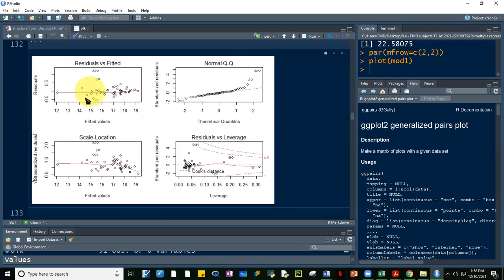So mukhang okay naman siya, no? Dapat walang pattern or almost a straight line. Then yung normality ng residuals, meron tayong medyo mga high levels, itong 320 at saka 80, medyo malayo sila dun sa QQ plot natin. Itong scale location din, it's also a measure of homoscedasticity, no? So medyo may pababa dito, ibig sabihin may pattern yung variances natin.